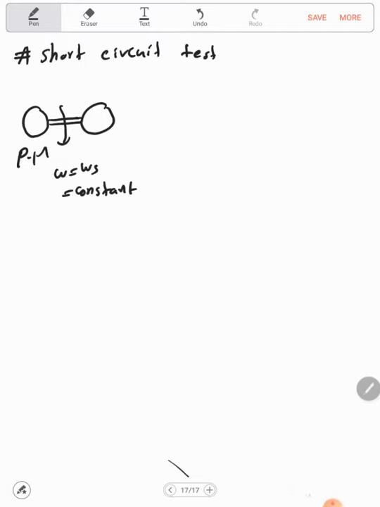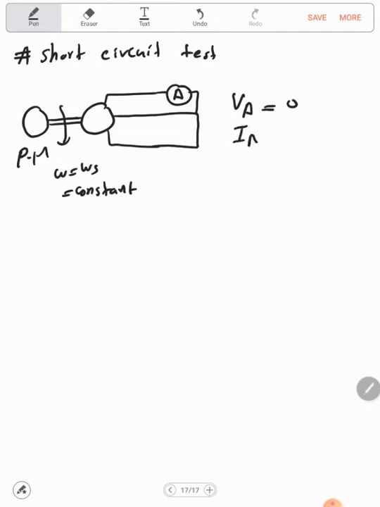And we are shorting the terminals. So here we can measure the current. So VA will equal 0 and IA will equal I short circuit.